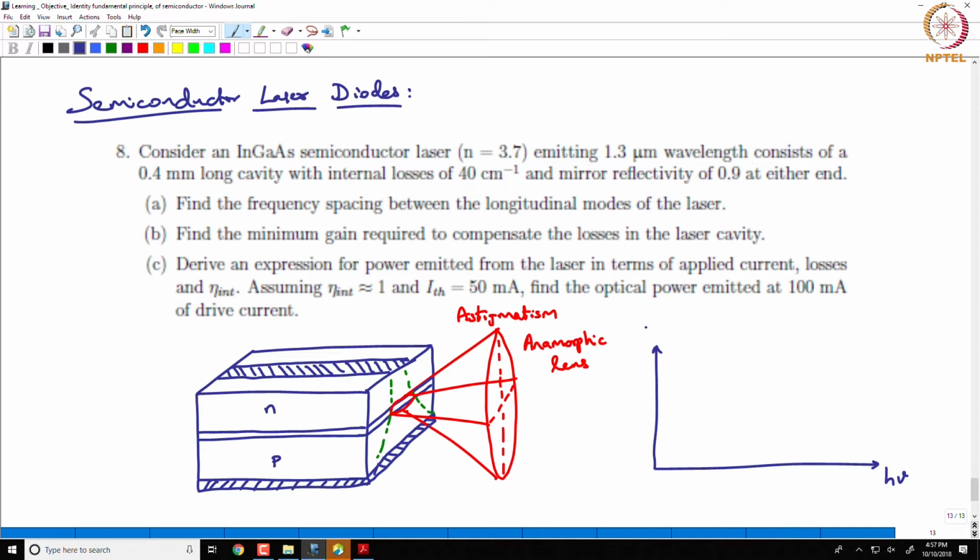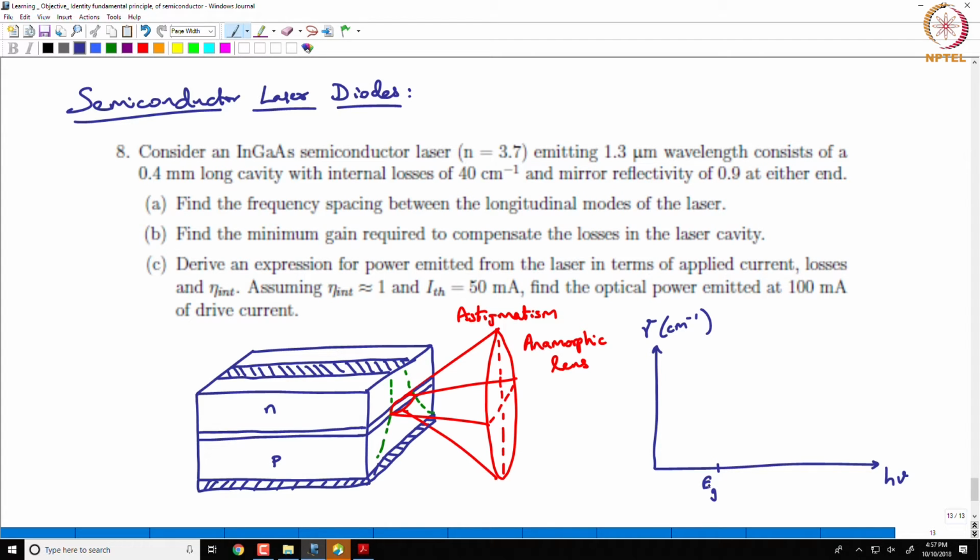If you look at the gain coefficient, which is expressed in inverse centimeter, as a function of h nu, we can tell that nothing is going to happen for energy less than the band gap energy.